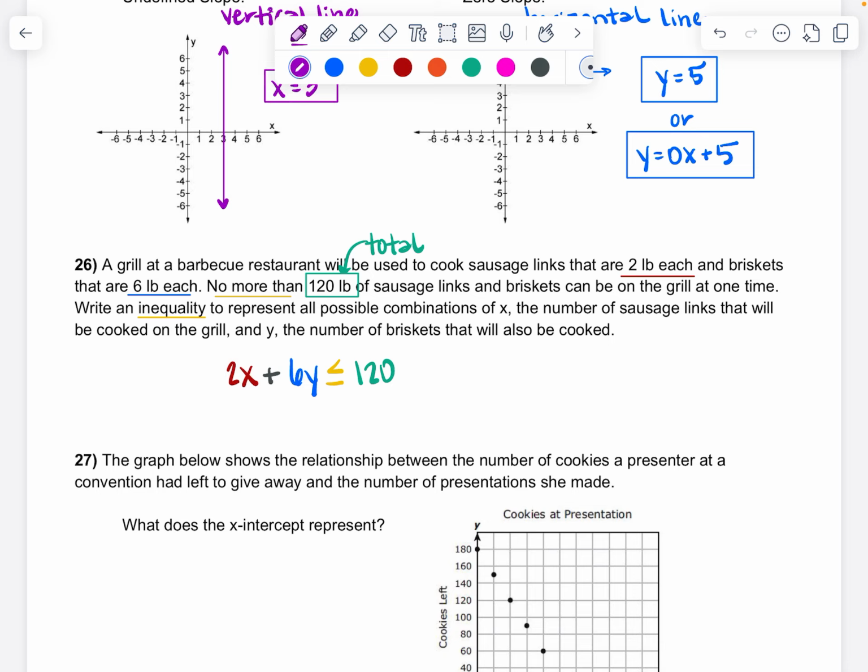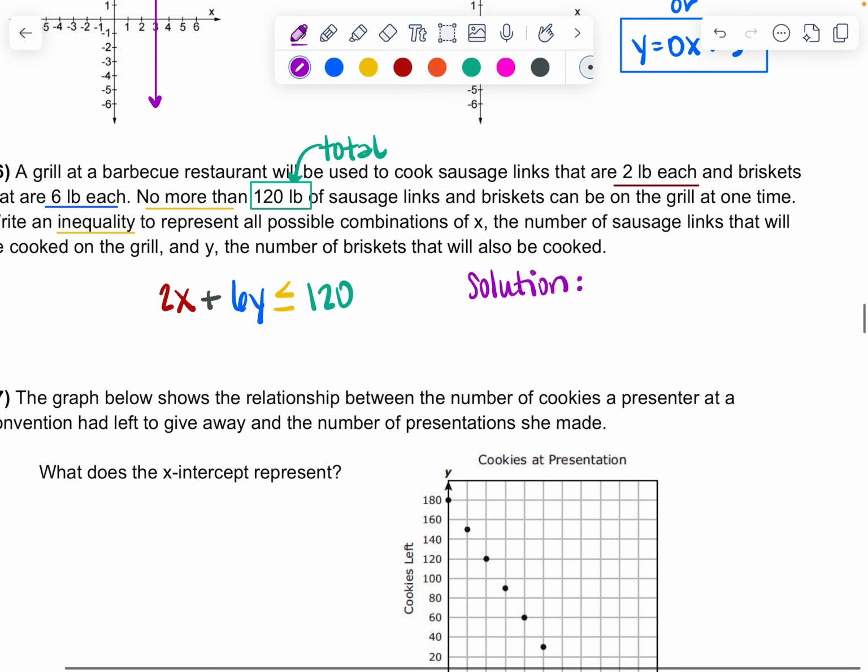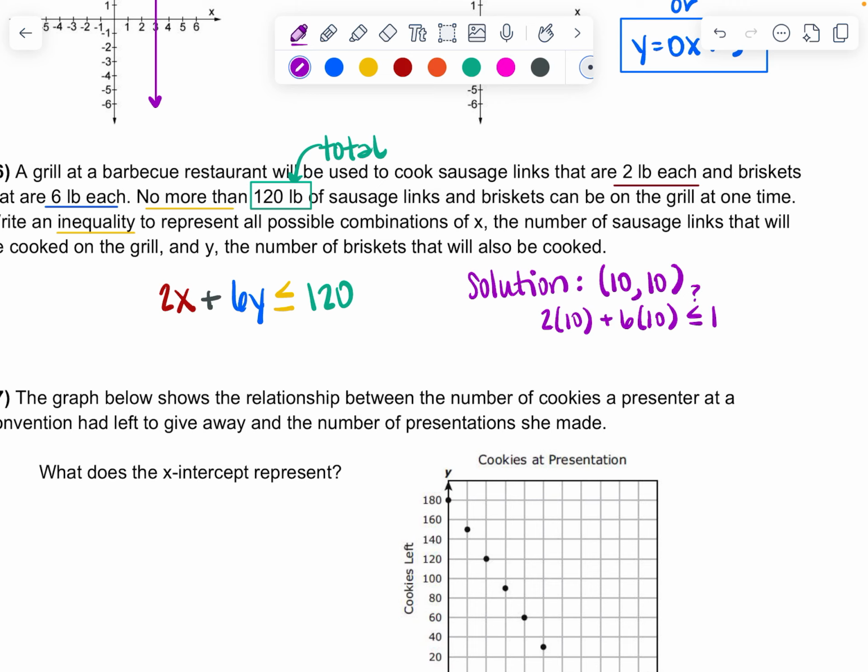So you can find a whole slew of points. I know this doesn't ask you to do this, but I'm just going to find a possible solution. Let's see, if I do 10 sausages and 10 briskets, I plug 10 in: 2 times 10 plus 6 times 10, is that less than or equal to 120?